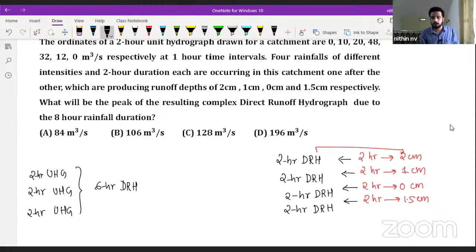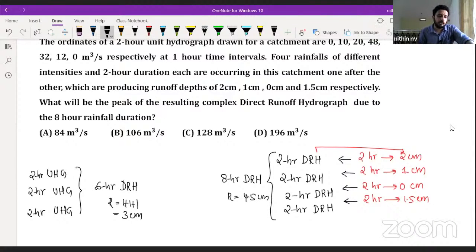Runoff will be 1 plus 1 plus 1, 3 centimeter. Similarly, if we are adding 4 number of 2-hour DRH, what we'll be getting? We'll be getting an 8-hour DRH with a runoff value 2 plus 1, 3 plus 4.5, like this.